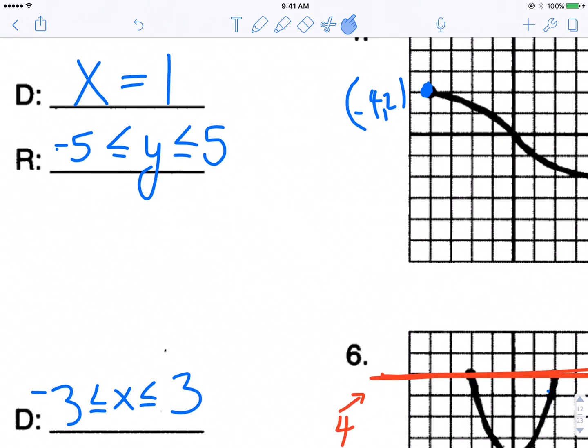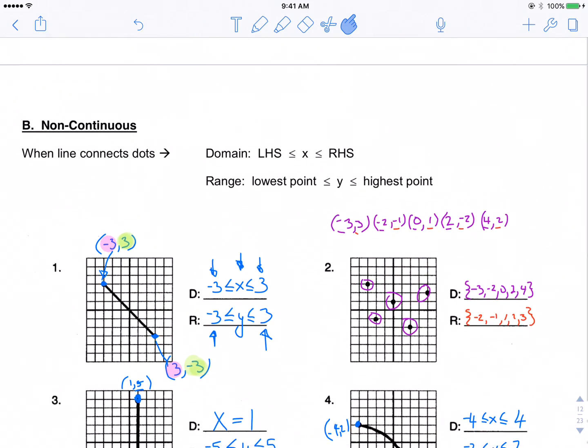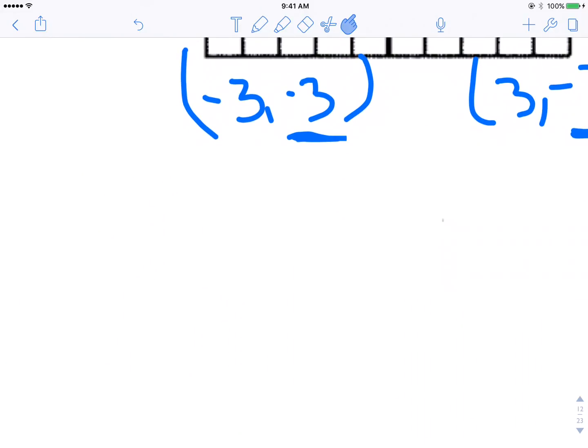Now, just a couple of other little things. When you're doing continuous and non-continuous graphs, you have to remember that if I have a line and it goes to a closed dot, this means that that point is included.